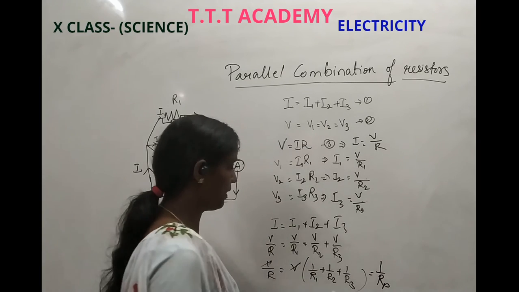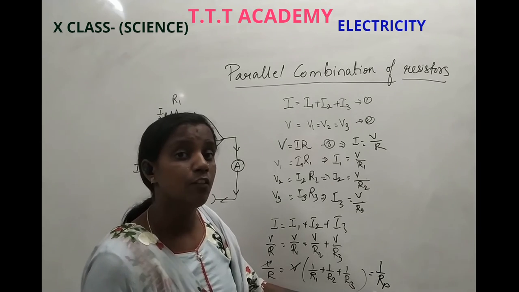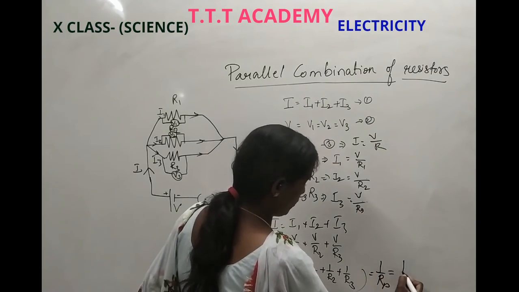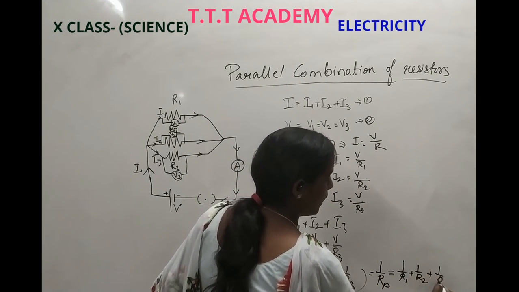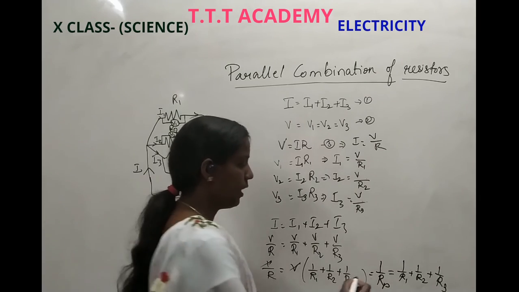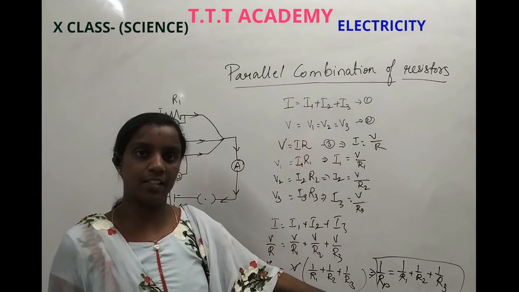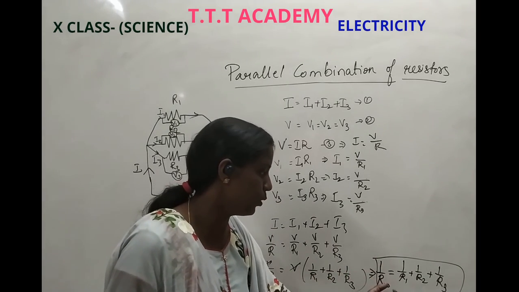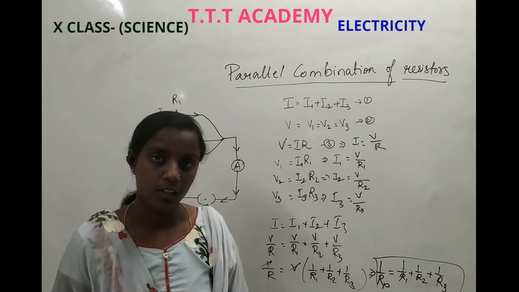Here Rp I am writing for the total resistance in the parallel combination of resistors. So 1 by R1 plus 1 by R2 plus 1 by R3. This is the formula to find the total resistance in the parallel combination of resistors: 1 by Rp is equal to 1 by R1 plus 1 by R2 plus 1 by R3. Fine children.